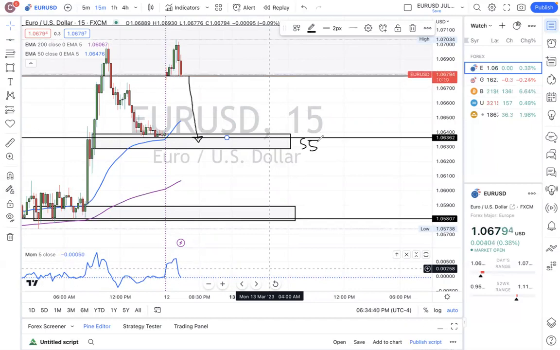Once it hits your sell stop and it keeps dropping, your TP will still be down here, because the sell stop is already in motion and it triggers going down. Instead of a sell limit, which I would say wait until it comes back up to here, so you get a better entry point, and then your TP1 is here, and then your TP2 is here. Does that make sense?